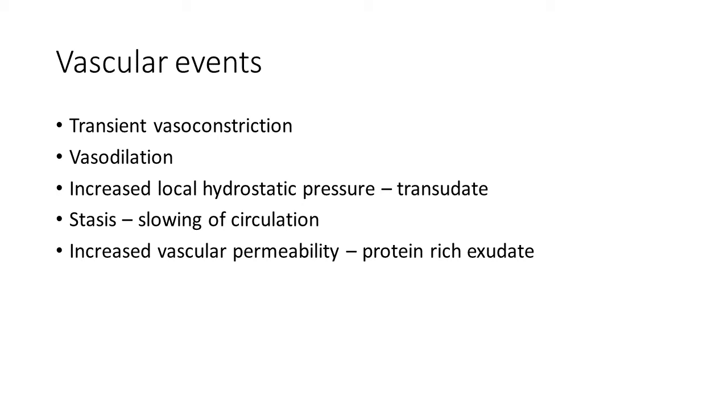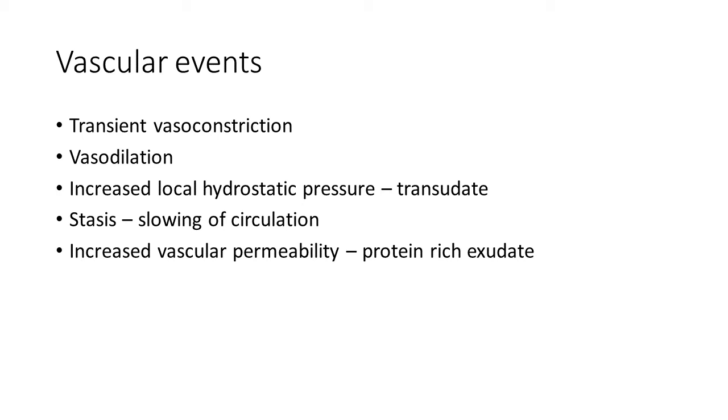Vasodilation also elevates the local hydrostatic pressure, resulting in transudation of fluid into the extracellular space, and this is responsible for the other cardinal sign, that is tumor or swelling. This is followed by the next event, that is slowing or stasis of microcirculation, and there is also altered vascular permeability.